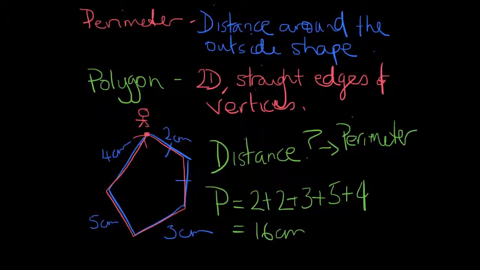Now this is an irregular shape, so really it's pretty much just trying to figure out what all of the lengths are of each of the sides and adding them all up. But this is how we do it for irregular polygons. How would we do it for regular polygons? We would do it exactly the same way, except that regular polygons, because they've got regular shapes and regular properties, we can define using particular formulae.